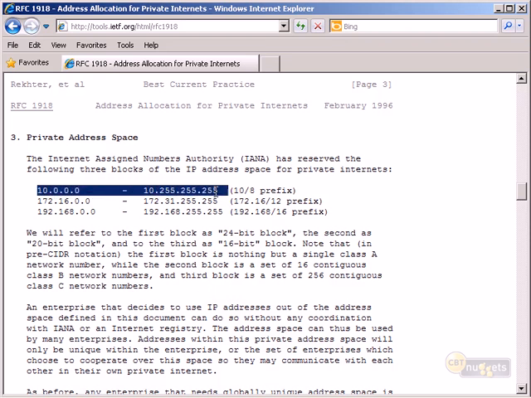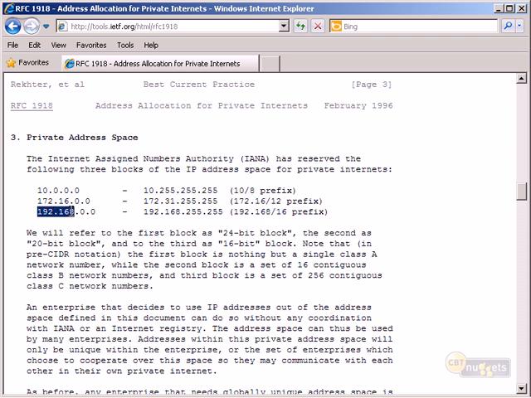Okay, 10.0.0.0 through 10.255.255.255 or 10/8. We've also got 172.16.0.0 through 172.31.255.255 or 172.16/12.